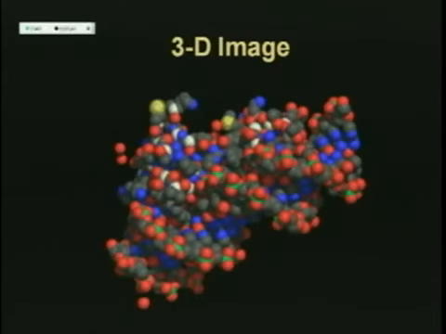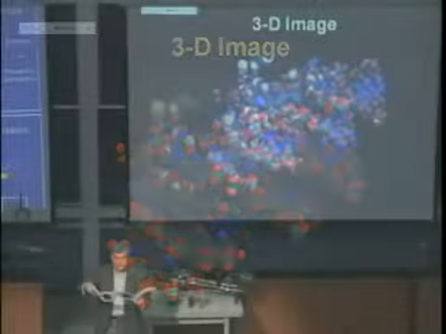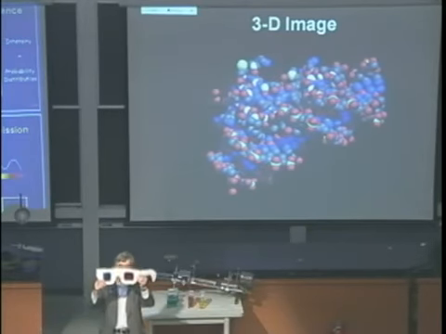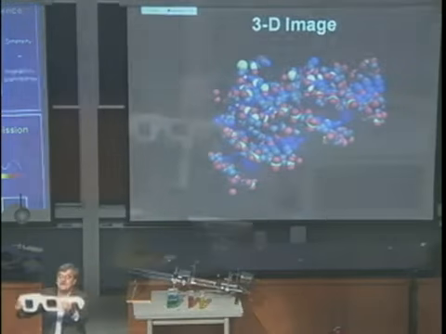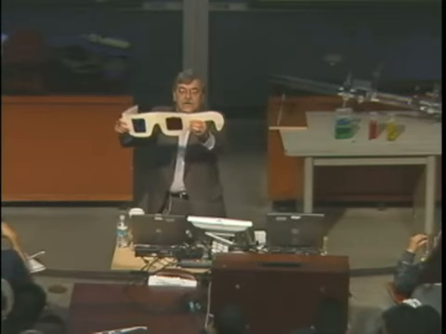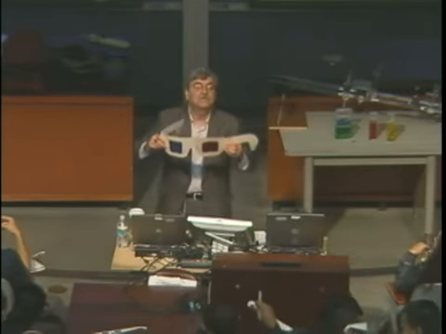So this is what people use in these movies. Wait, not yet, I need to explain it first. They have essentially two pictures, slightly off, superimposed on each other. In this case, one is red. That would be the left glass. So if I look through the red to red, I see it red. But if I look with a blue, it should be dark.